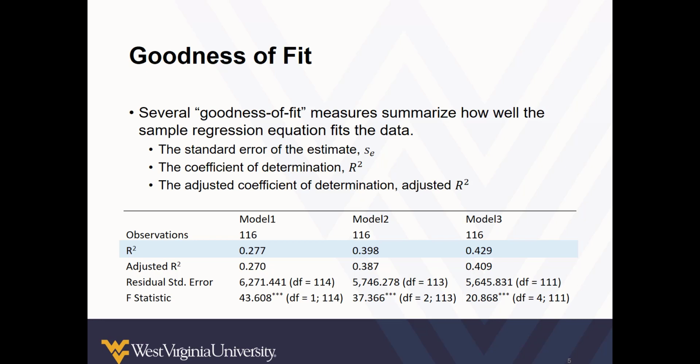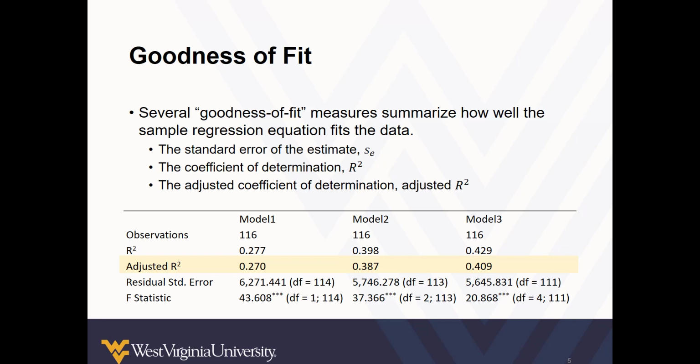We also have R squared, or the coefficient of determination. We like to use this in simple linear regression models, and generally bigger is better. The larger the value, the more of the variation in our dependent variable is explained by our independent variables.